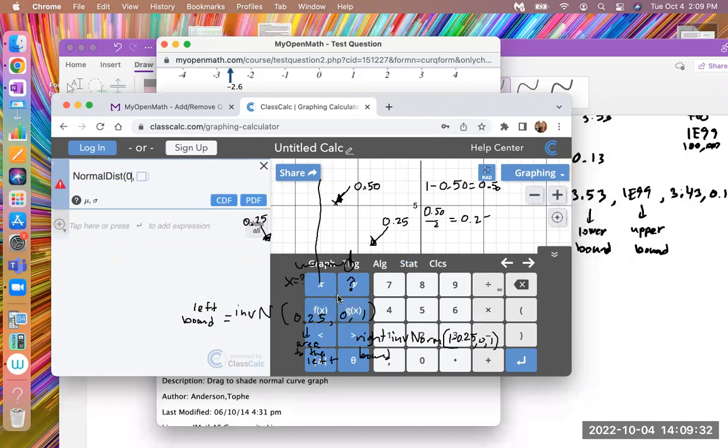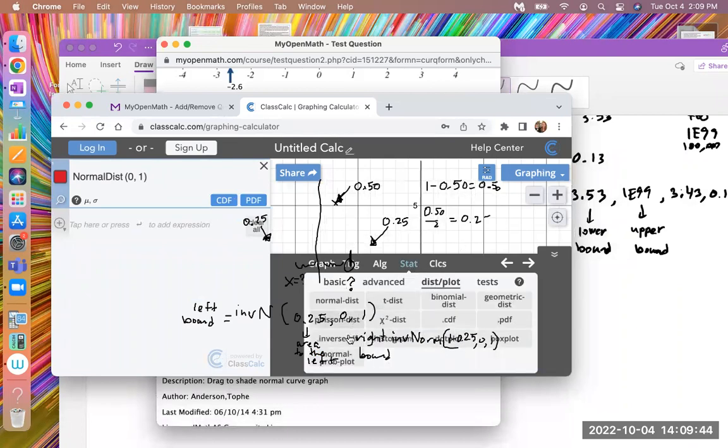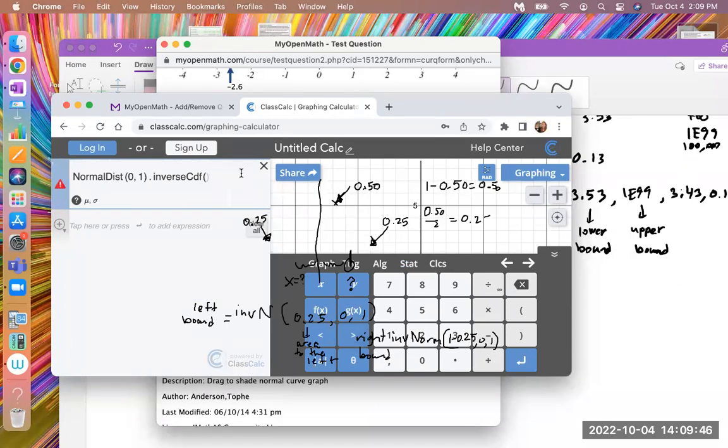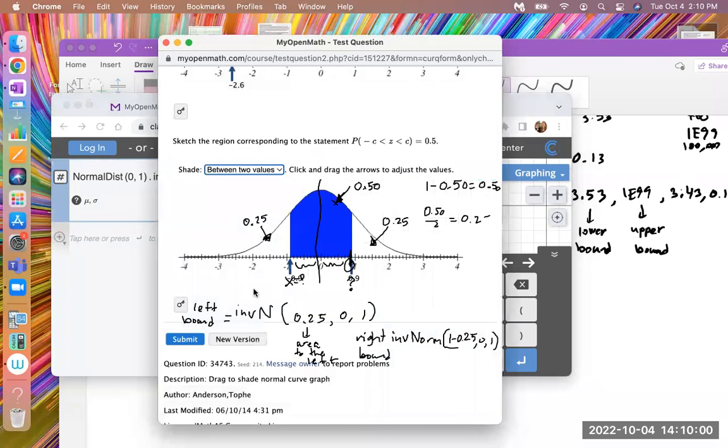Because it's the z variable, I'm going to put the mean as 0 and the standard deviation as 1. And then instead of doing a CDF, I close the parenthesis, go back to stats, distribution, and choose inverse CDF. Then I just put the area to the left, so 0.25. And it tells us that's negative 0.6745.